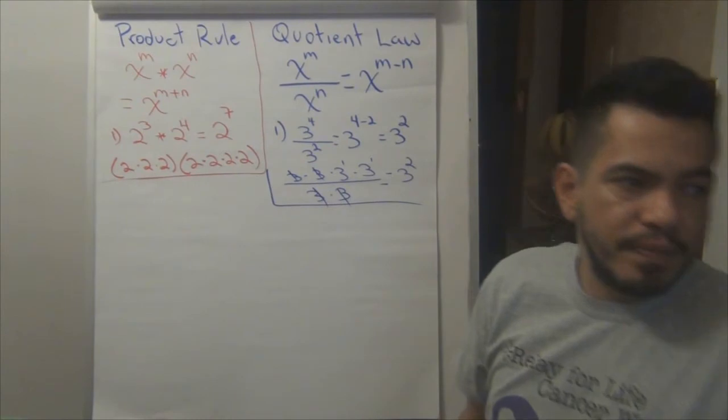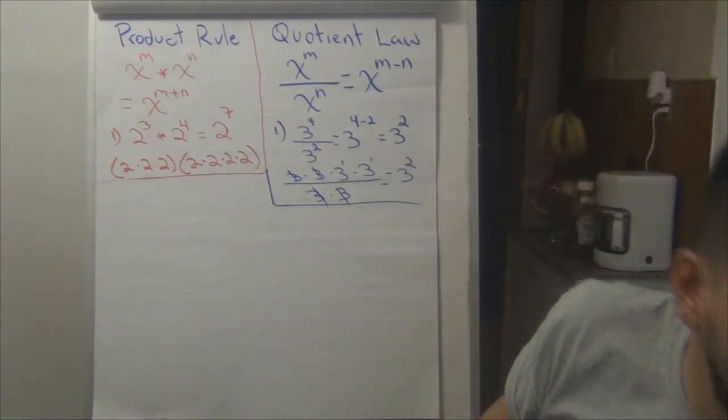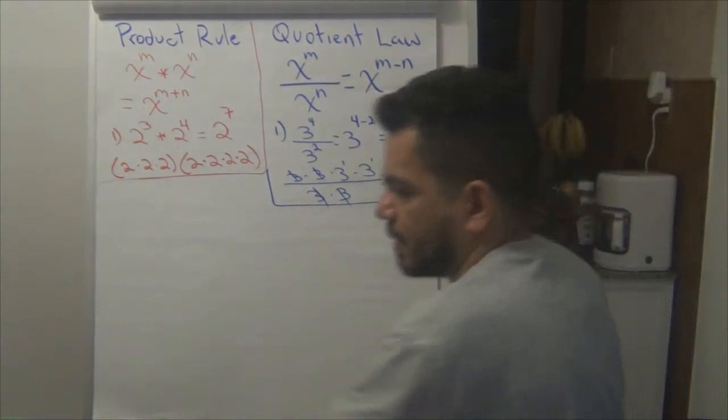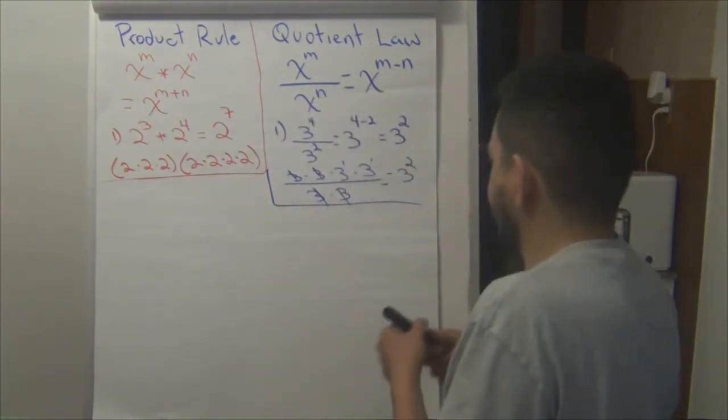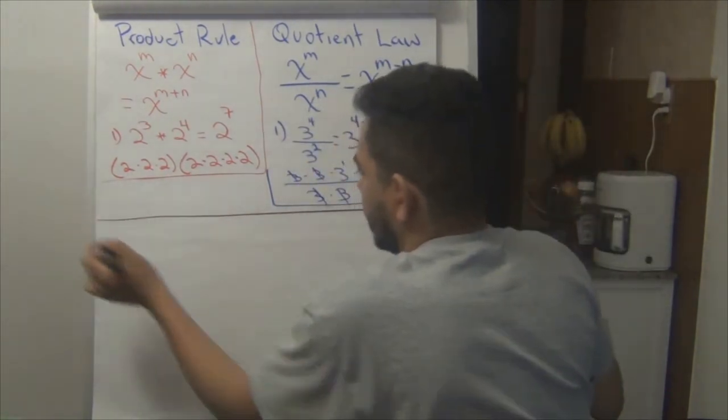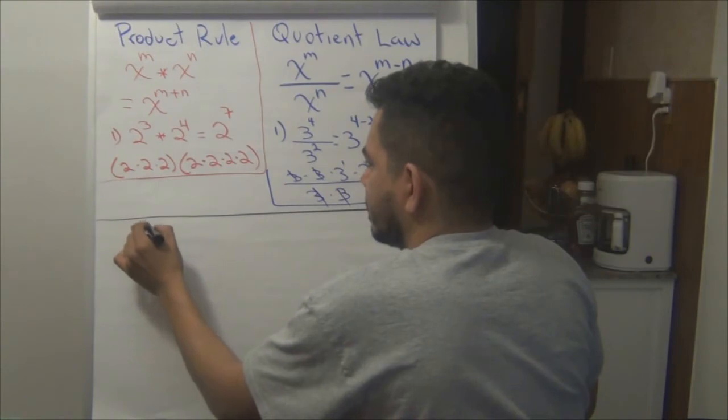Alright, next rule. We're going to have an exponent of an exponent. So let's use the black marker right here. Okay?